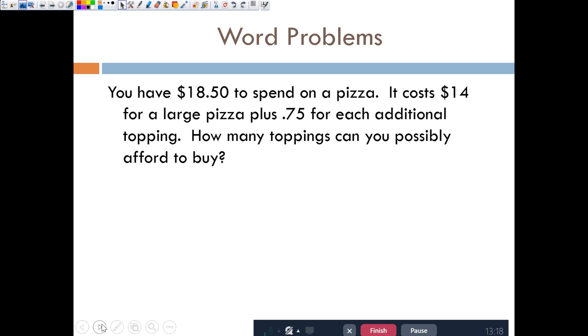It costs $14 for a large pizza plus 70 cents for each additional topping. How many toppings can you possibly afford to buy? So we don't have to spend all $18.50, it's just how much money I do have.